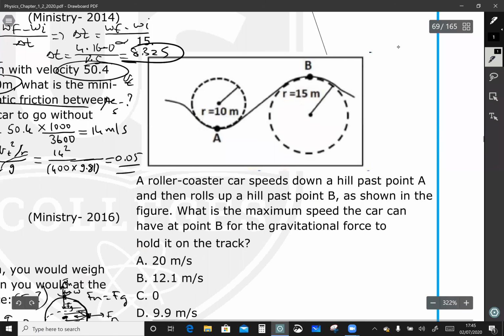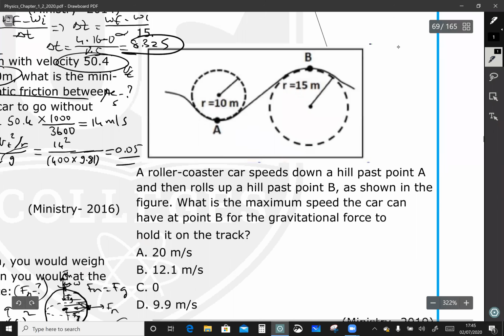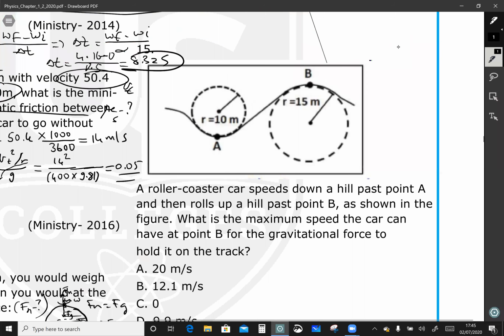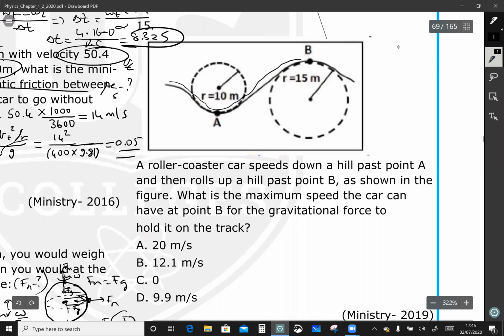And question number 15. A roller coaster car speeds down a hill past point A and then rolls up a hill past point B. The car is moving in this direction and then passing point B, as shown in the figure. What is the maximum speed the car can have at point B for gravitational force to hold it on the track? The car will have a speed at that point, and that speed is asked.